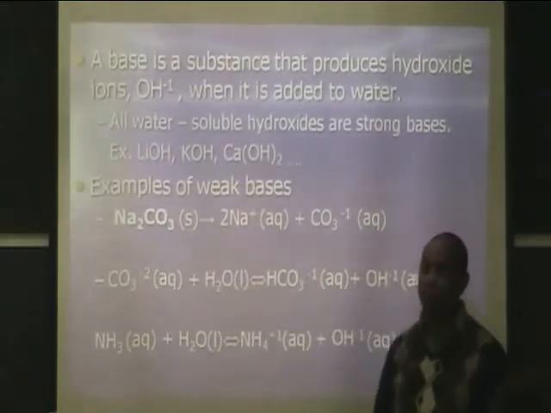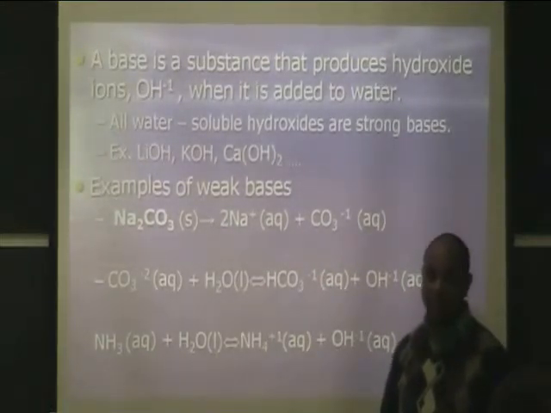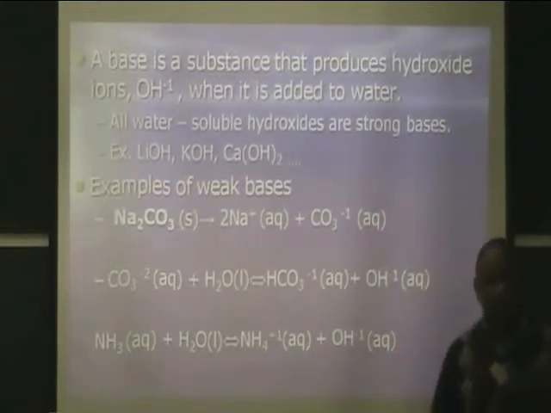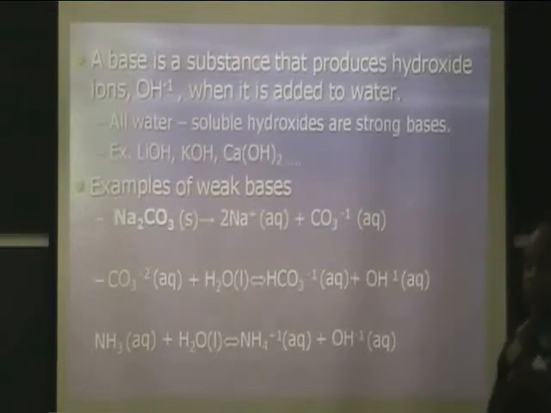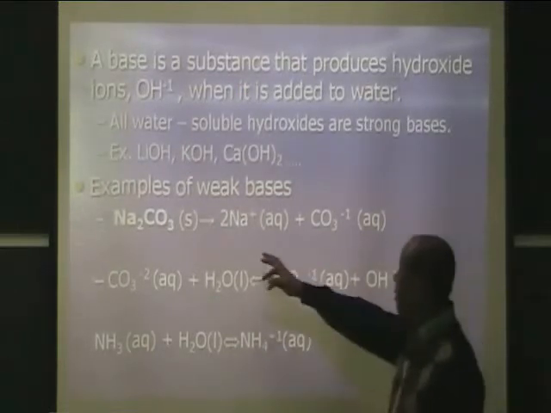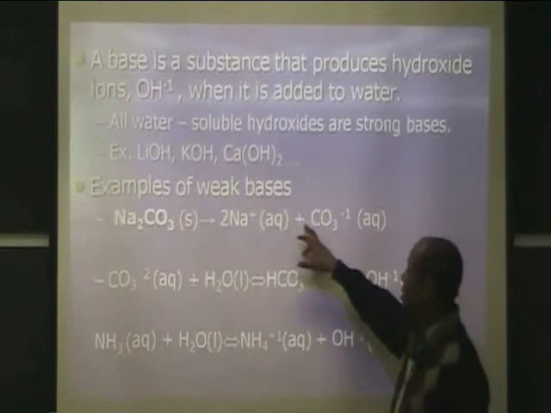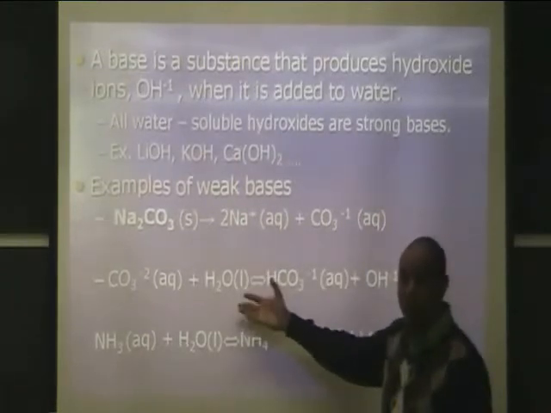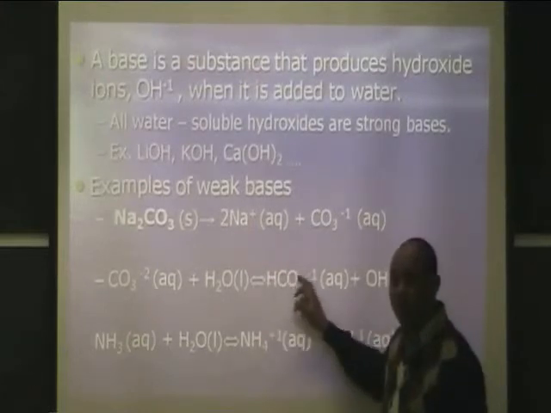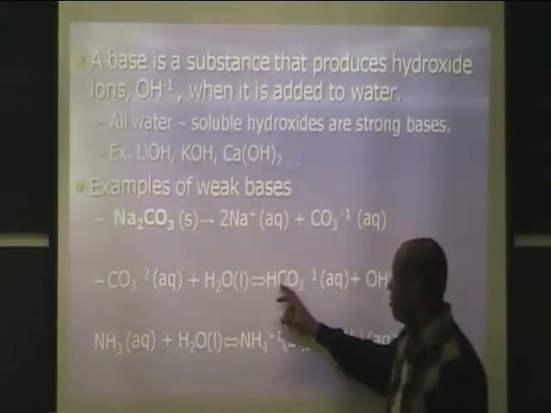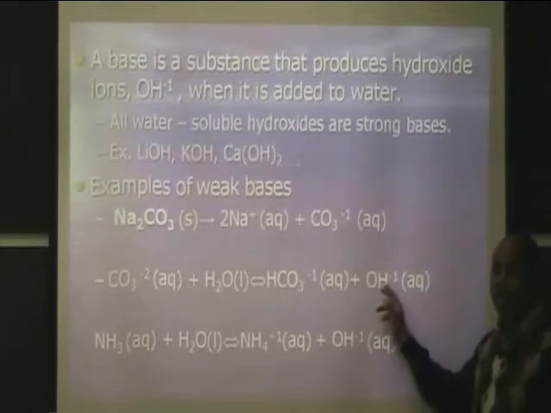Carbonates are also considered to be a weak base, unfortunately. Base means a substance that provides hydroxide ion when it dissolves in water. If you think about carbonates, when they mix with water, one of the more common ions formed is bicarbonate ion and hydroxide ions.